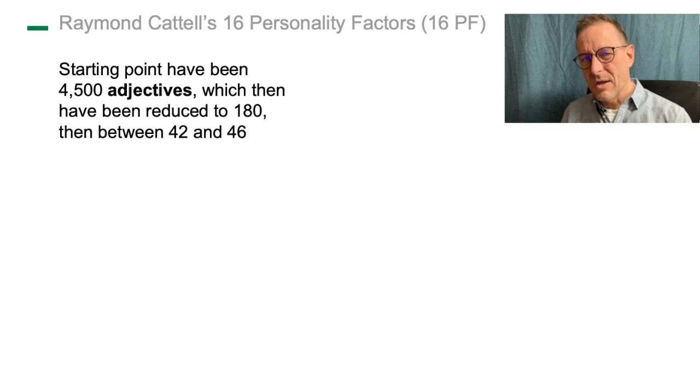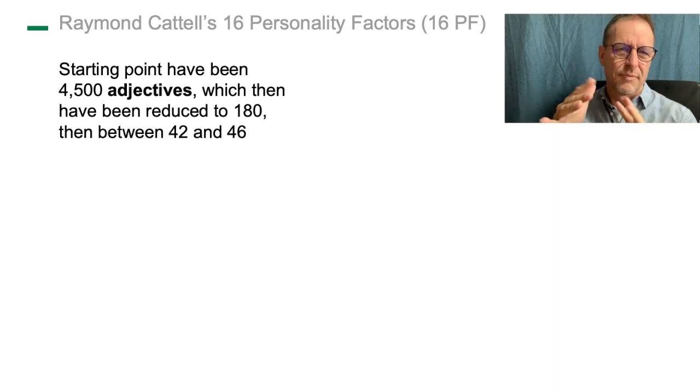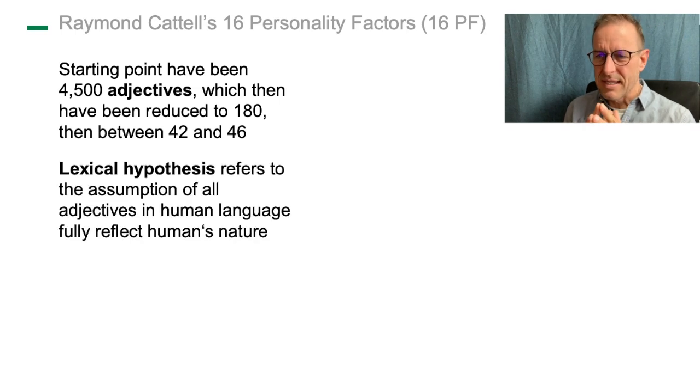And based on the semantic meaning of those adjectives, they boiled it down to first 180 and then to just a few, around 40, 50 adjectives. The idea behind it is what we name the lexical hypothesis: that the human language, the language that we use, does reflect human nature.